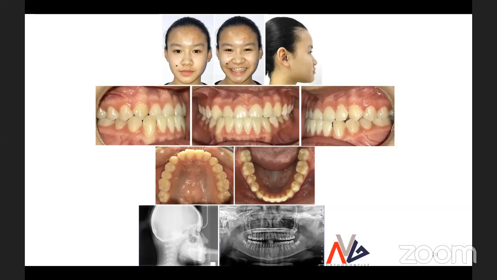Okay. What is your take on cases where there is a macroglossia, or you think that anterior tongue positioning is there? Would you like to extract in such cases in the lower? If you have a macroglossia or a low tongue posture, it is already an etiology for a true class 3.